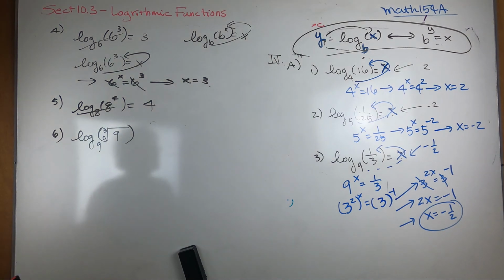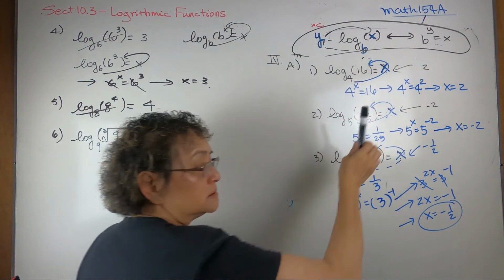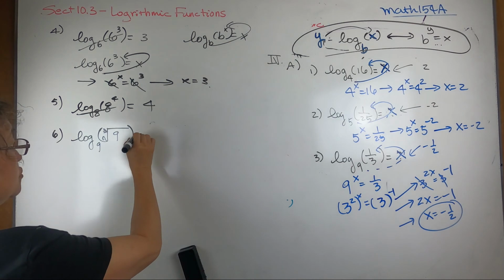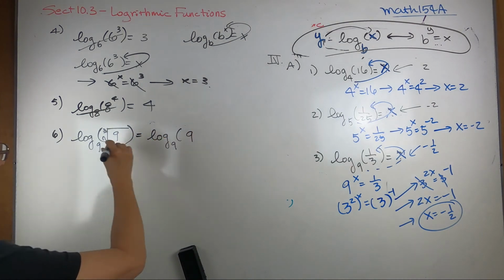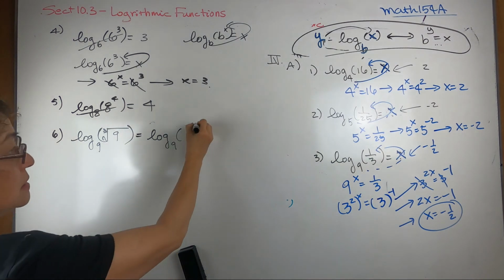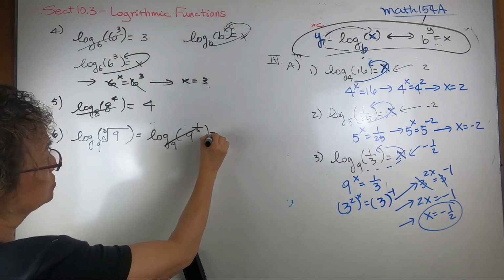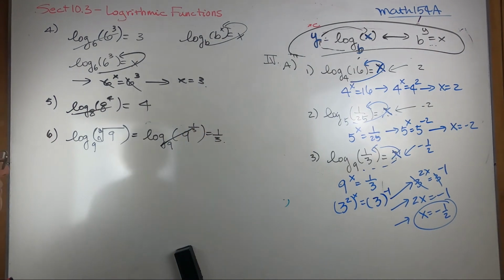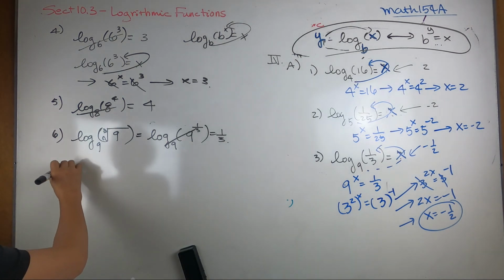So you always use the power style. Okay? So you will write it this way. Log base 9, the cube root is the 1/3 power, right? Then you can just do that. Are we good?